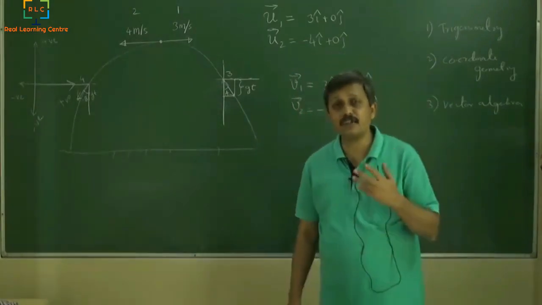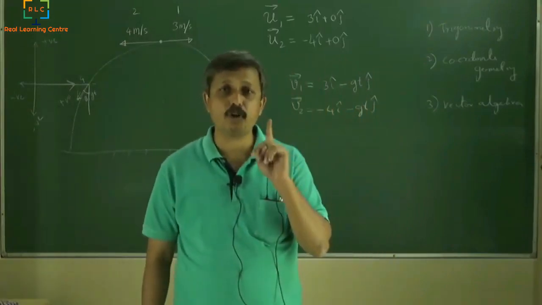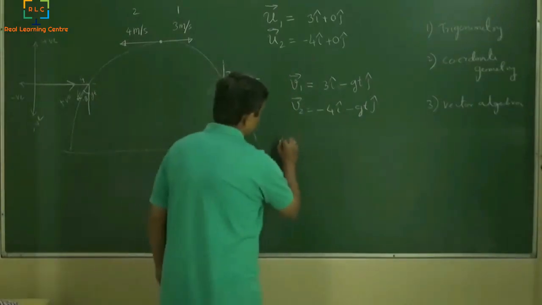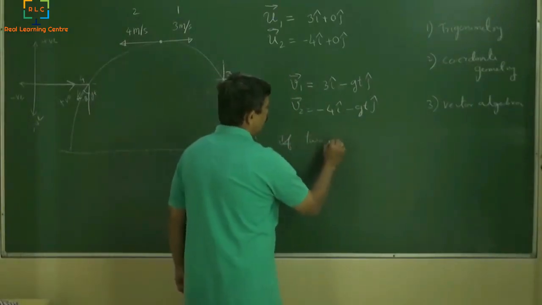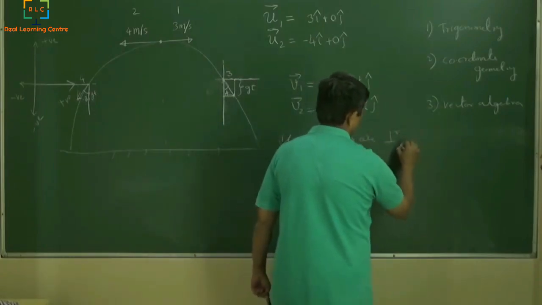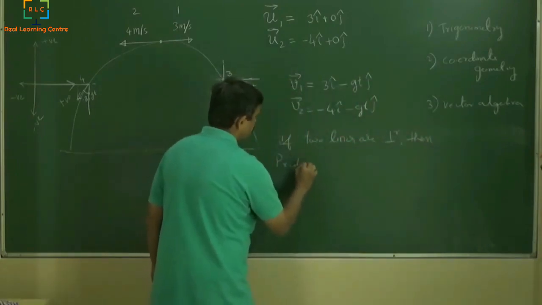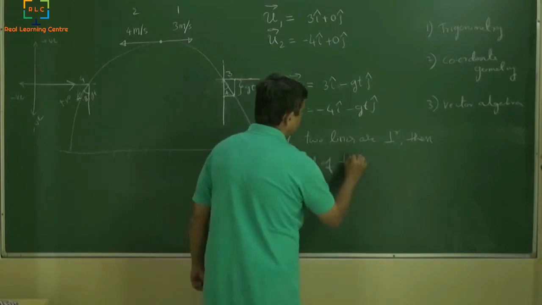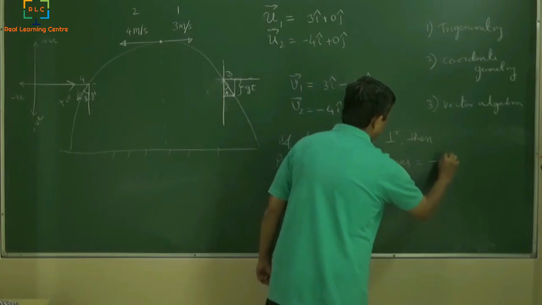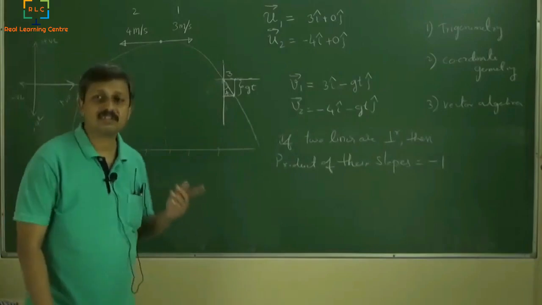And in coordinate geometry, if two lines have to be perpendicular, the product of their slopes should be equal to -1. This is one of the rules for lines in coordinate geometry.